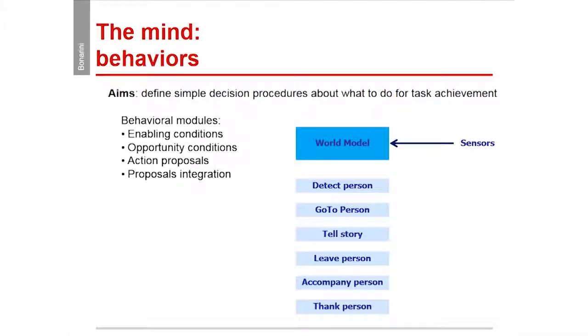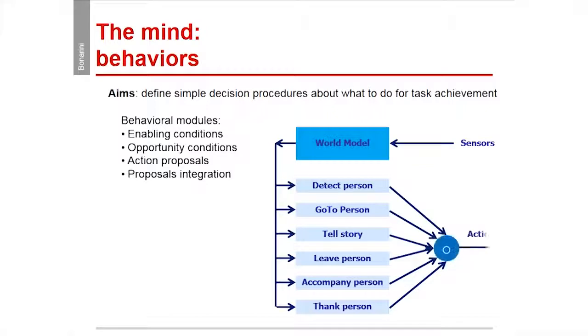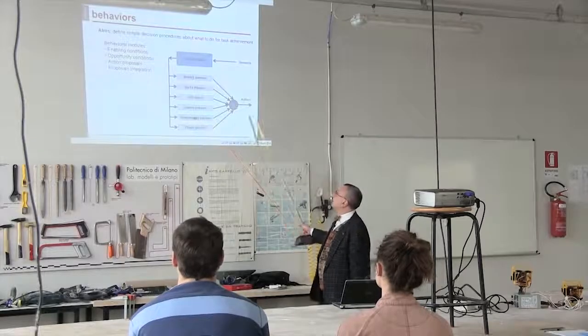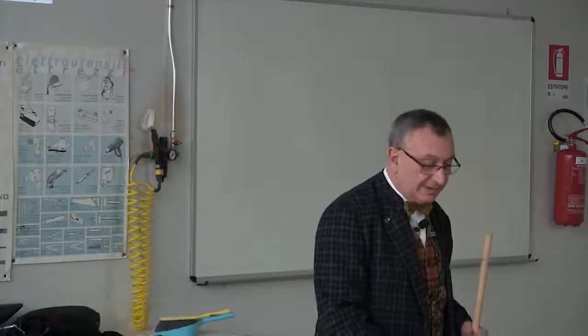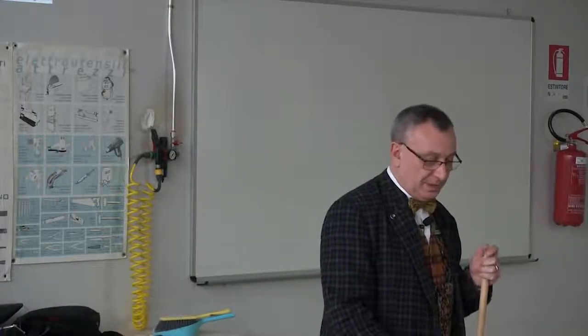We build our world model, and then from the world model we can produce information for this activation and for the decision that they have to take. And then we compose all these decisions, and finally we get the final action. So the main cycle is something like that. And this is something that we will do also.